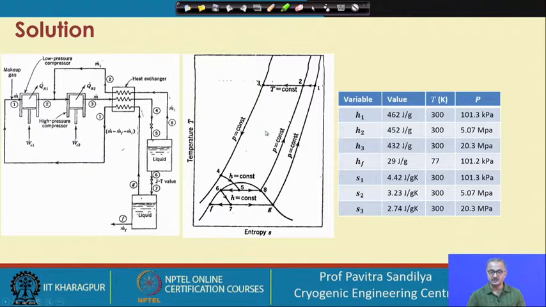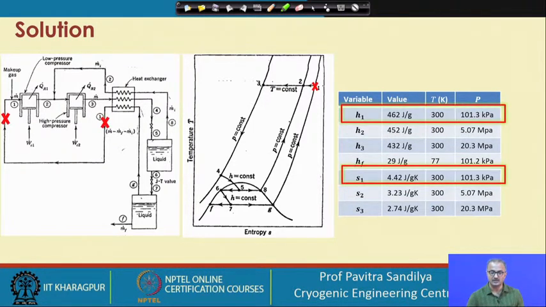But what you shall see here is that, as per the given problem data, we are getting the values of the enthalpies and entropies from some thermodynamic chart, which is given in the reference books. From that we are getting these values. This H1, S1 condition is with respect to these 2 points.